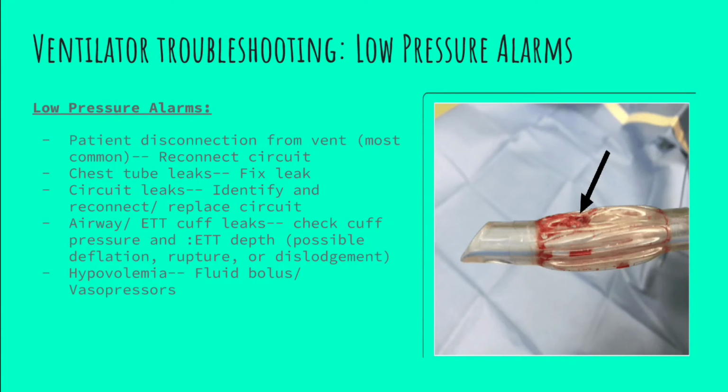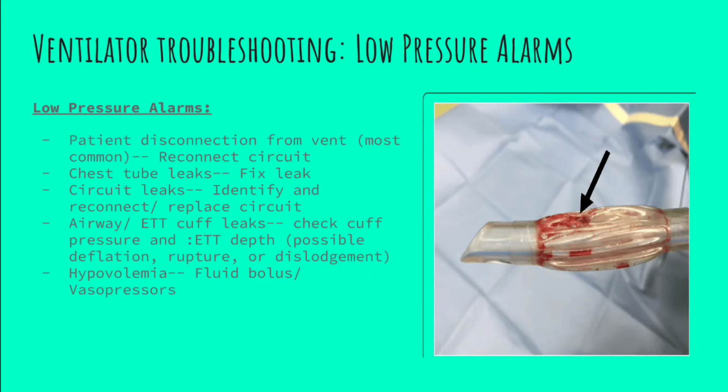Okay, so for low pressure alarms, what we're going to first check is that circuit again. Is the circuit disconnected? If it's not disconnected, we're going to check for chest tube leaks. This is not super common, but if the chest tube's leaking, that might be a cause. Anything on the circuit that comes disconnected is obviously going to give you this.